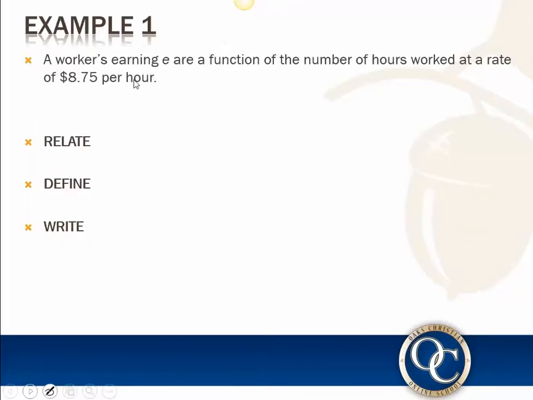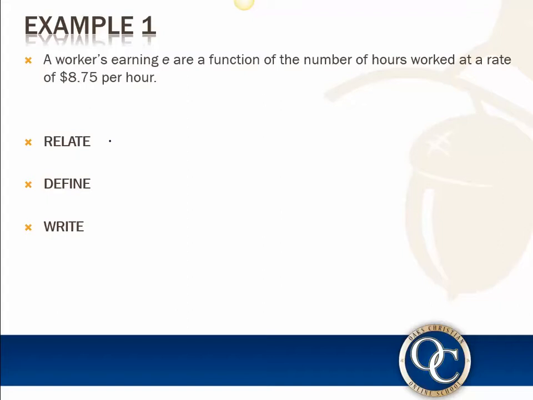Alright, let's begin. A worker's earnings, E, are a function of the number of hours worked at a rate of $8.75 per hour. So first we're going to relate. We're going to try to figure out what this problem is telling us.